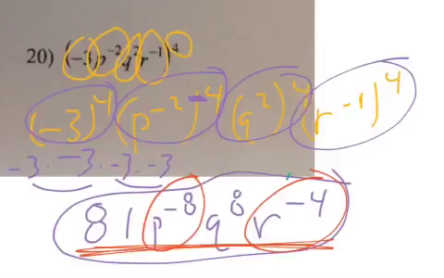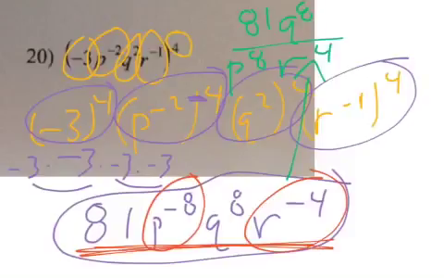I'll use green here. I'm going into the top right of the screen up here, guys. Does everybody agree I have a 81? I have a q to the 8. And the p to the 8. And the r to the 4. So let me circle it in black here.